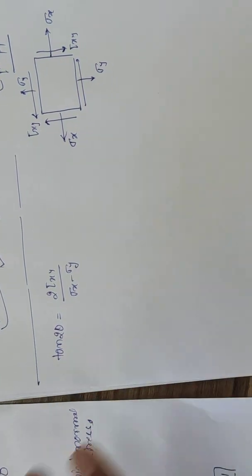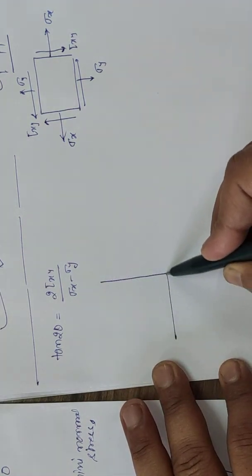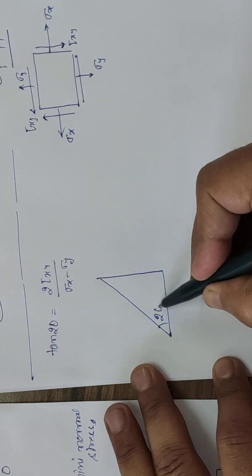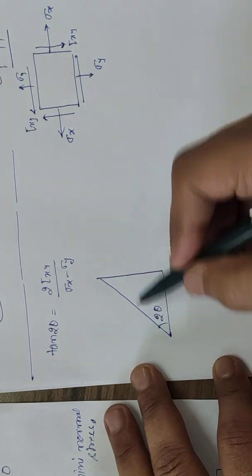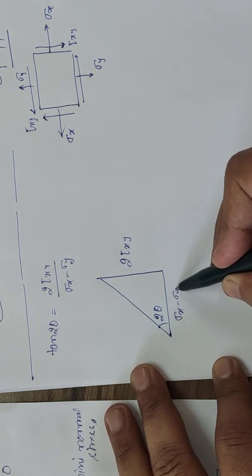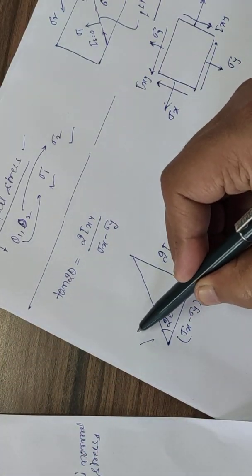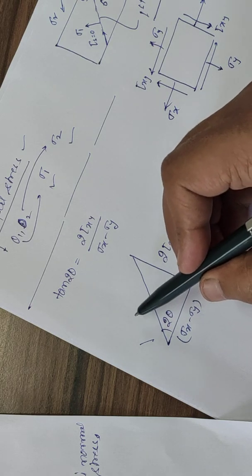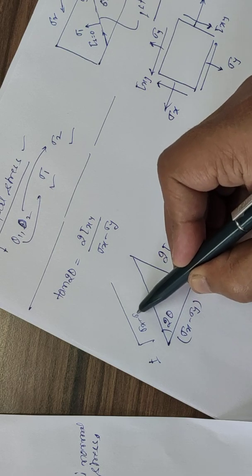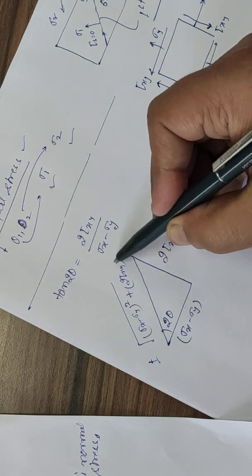From a right angle triangle we can show that this is 2 theta, so tan 2 theta equals 2 tau xy over sigma x minus sigma y, and the hypotenuse we can calculate as plus or minus the square root of sigma x minus sigma y whole squared plus 2 tau xy whole squared.